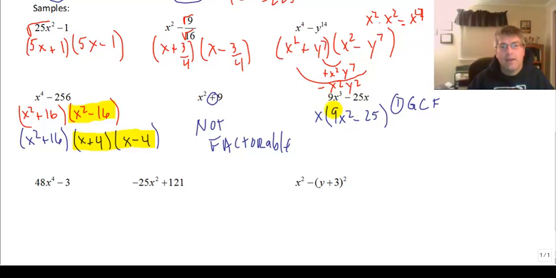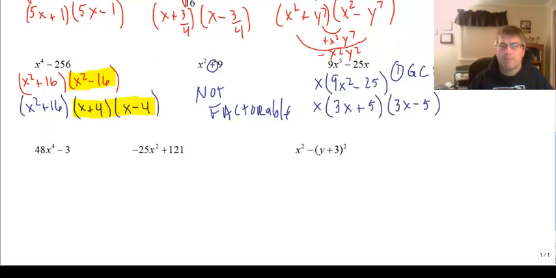Well, now 9x squared is a perfect square and 25 is a perfect square, so that continues to be factored, and it's a difference of two squares that can be factored. 3x plus 5 times 3x minus 5. So our factors are x, 3x plus 5, and 3x minus 5.